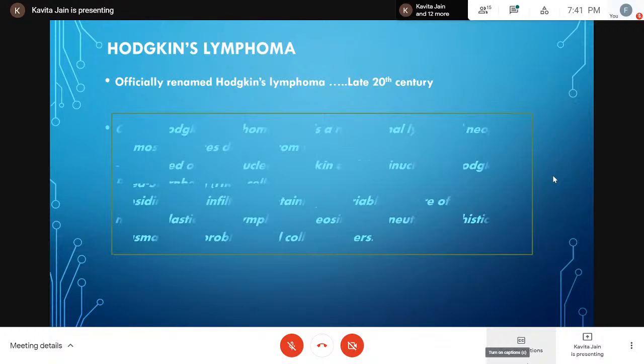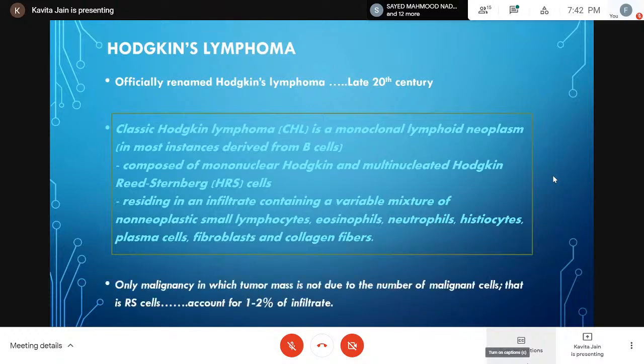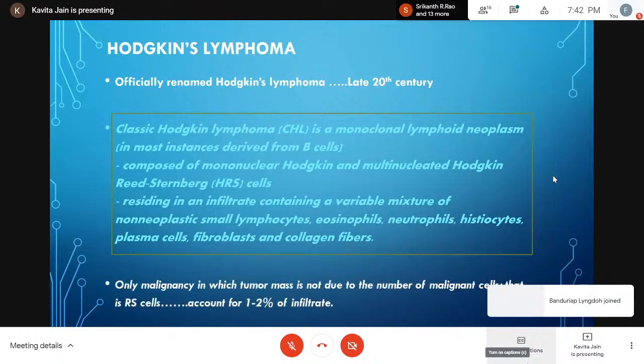So how do we define classical Hodgkin's lymphoma? It is a monoclonal lymphoid neoplasm, in most instances derived from B cells, composed of mononuclear Hodgkin and multinucleated Reed-Sternberg cells residing in an infiltrate containing a variable mixture of non-neoplastic small lymphocytes, eosinophils, neutrophils, histiocytes, plasma cells, etc. The background cells are even more important because this is the only malignancy in which the tumor mass is not due to the number of malignant cells, that is the RS cells.